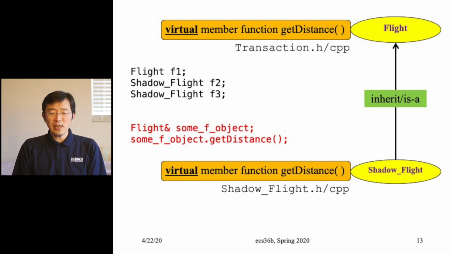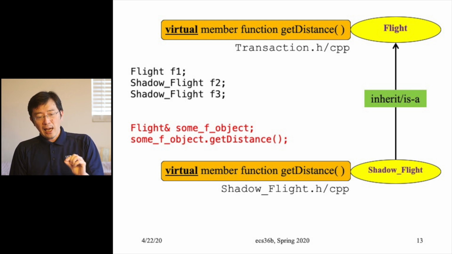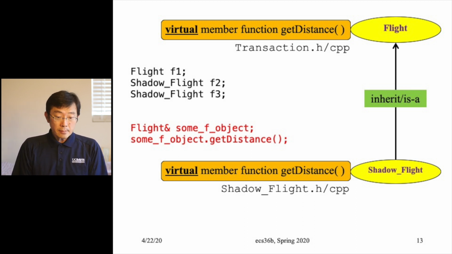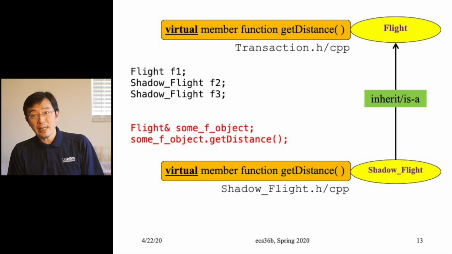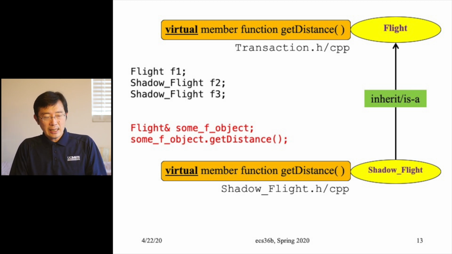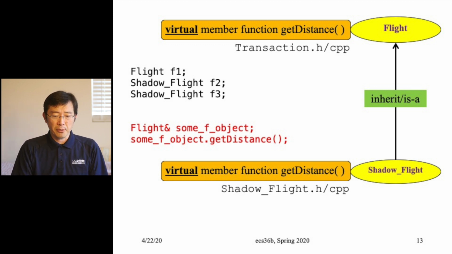So for example, if you only look at these two lines of code marked in red, the flight reference some F object and the some F object getDistance, you don't know which member function will get called, and you don't even know where the object really is. But you can include this in your code and develop your software, and then the rest will be taken care of by the virtual function and shadow object, as you will see in homework assignment number 3.